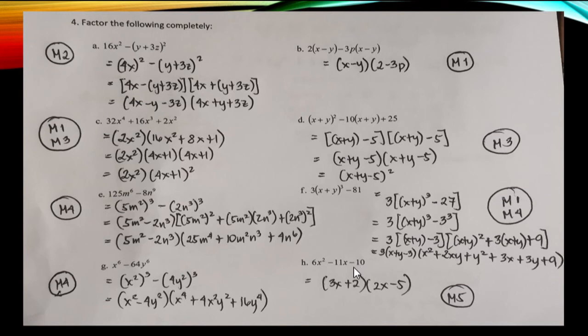Let us look at the second term. It is negative, so the bigger number should be negative. So, we make the 5 negative and the 2 positive. If we check using the FOIL method, it resolves. So, we use method 5.